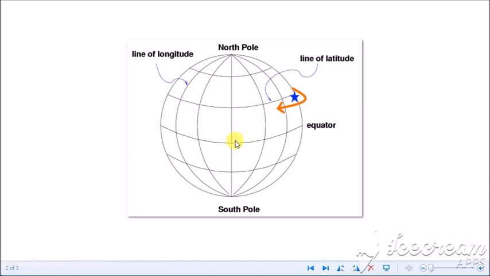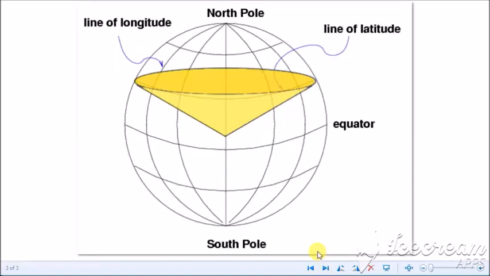The line of sight from your location to that star along 24 hours will form a cone like this. You're here, still no Earth, just you and the star.